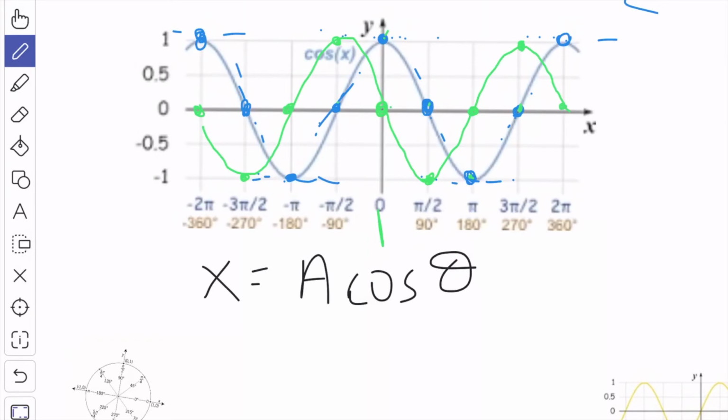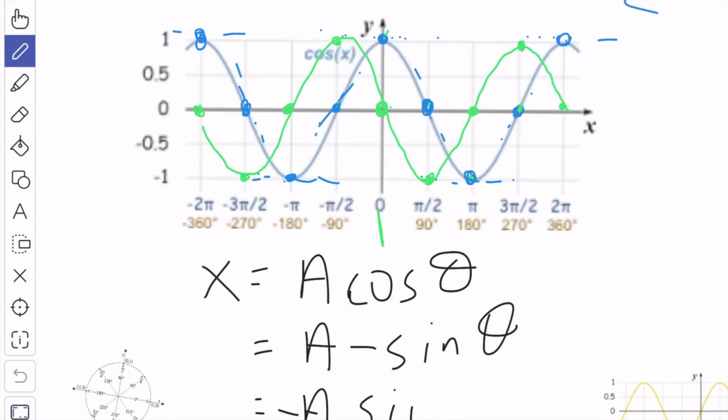well, the derivative of this would just be: a doesn't change, that's a coefficient. Cosine derives to negative sine of theta. So what you would have is negative a sine theta. However, that's not all we have to deal with, because we don't have just theta.